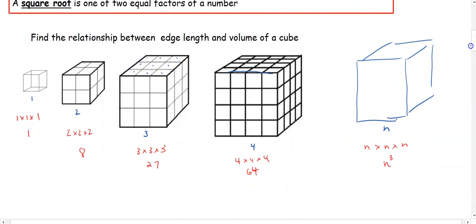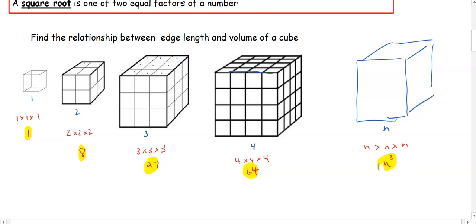Same thing with cubes. If I have varying size cubes of side length 1, 2, 3, 4 all the way to the nth side, then the volume would be length times width times height, or 1 times 1 times 1, which is 1, etc. 8, 27, 64, n cubed. All of these volumes we call perfect cubes, or cube numbers.